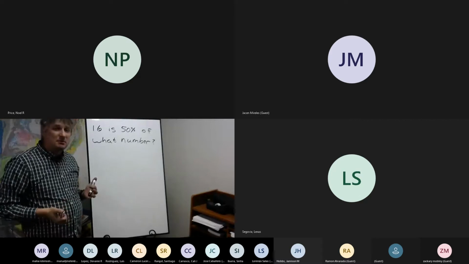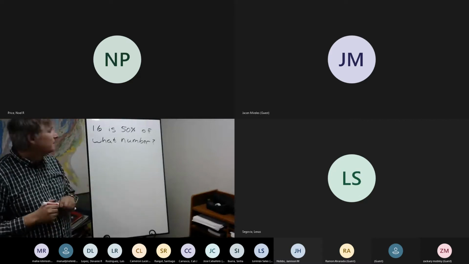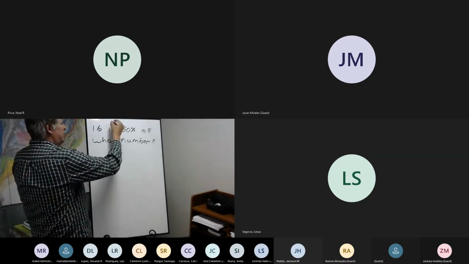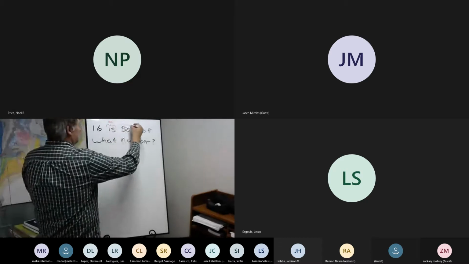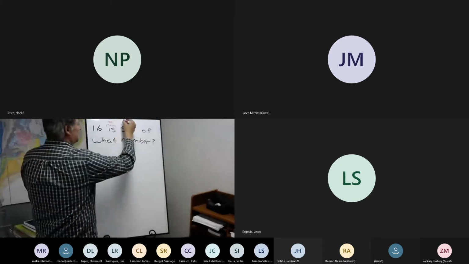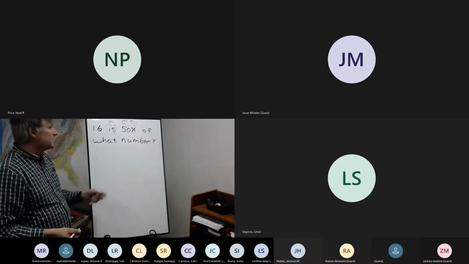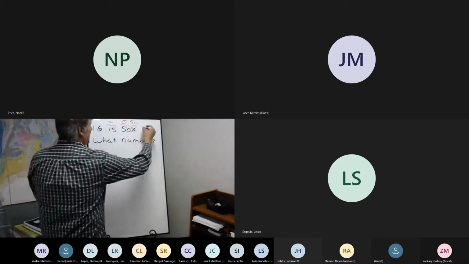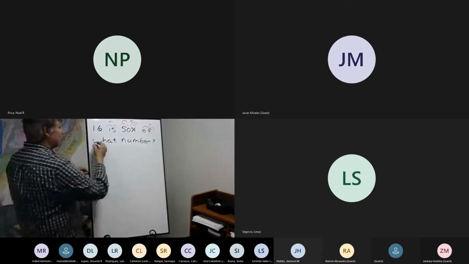Finally, 16 is 50% of what number? So let's do translation. Is equals 50%. Again, when we're using the translation method, we've got to convert the percents into decimals. Of means multiply.